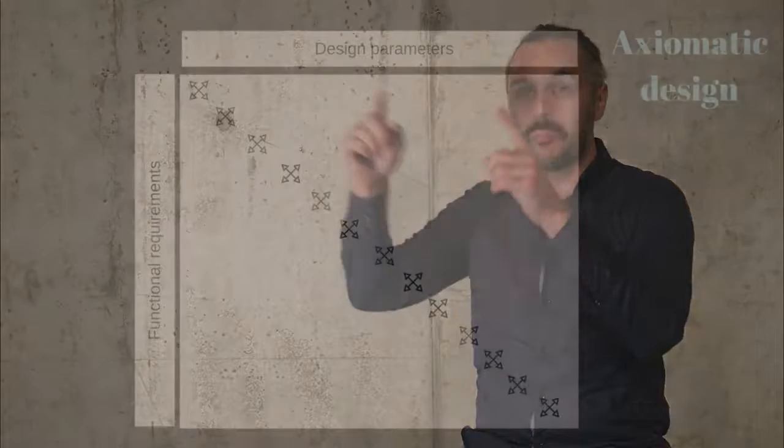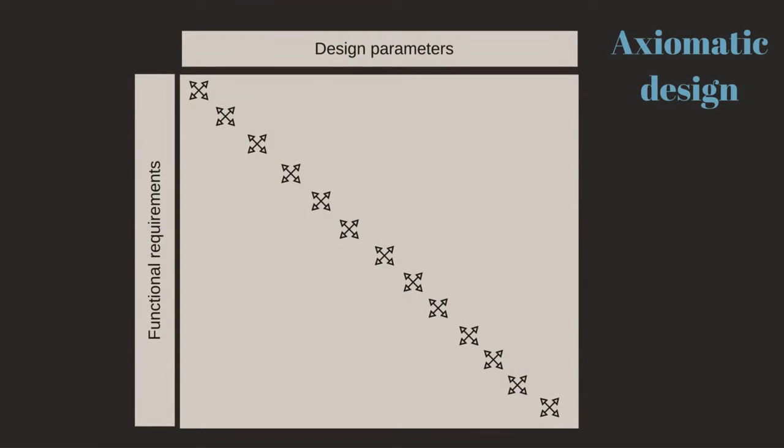If we revisit axiomatic design, we realize that there is again a matrix, and in this matrix there are design parameters and functional requirements. The situation when the design is not good is when the matrix is full. There are pluses everywhere. That means that changing one design parameter, you influence, unfortunately, several functional requirements.